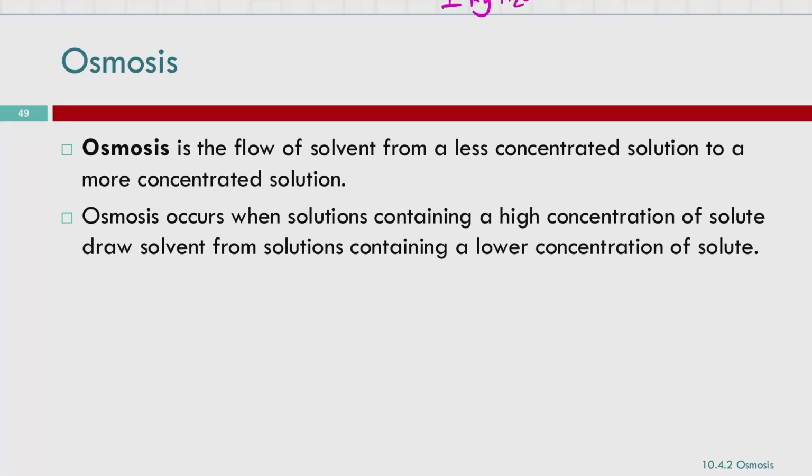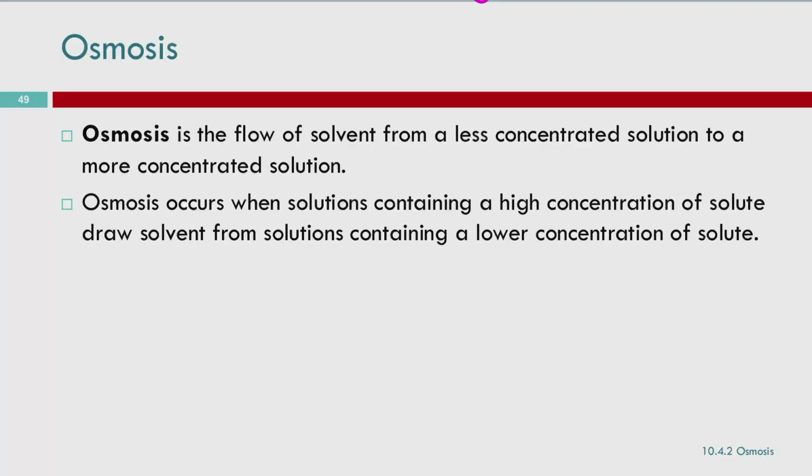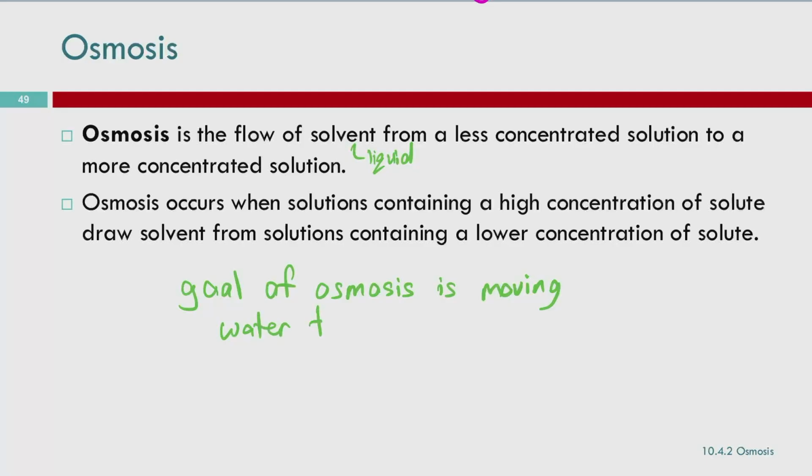The last little bit of property that we're going to talk about is osmosis. Osmosis is also a colligative property. Osmosis describes the flow of solvent, liquid, from a less concentrated solution to a more concentrated solution. The goal of osmosis is moving water or liquid to get equal concentrations.